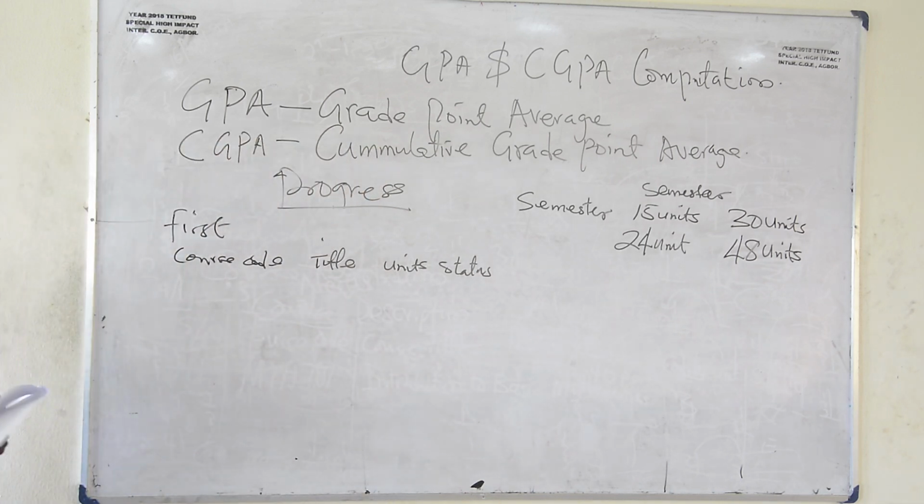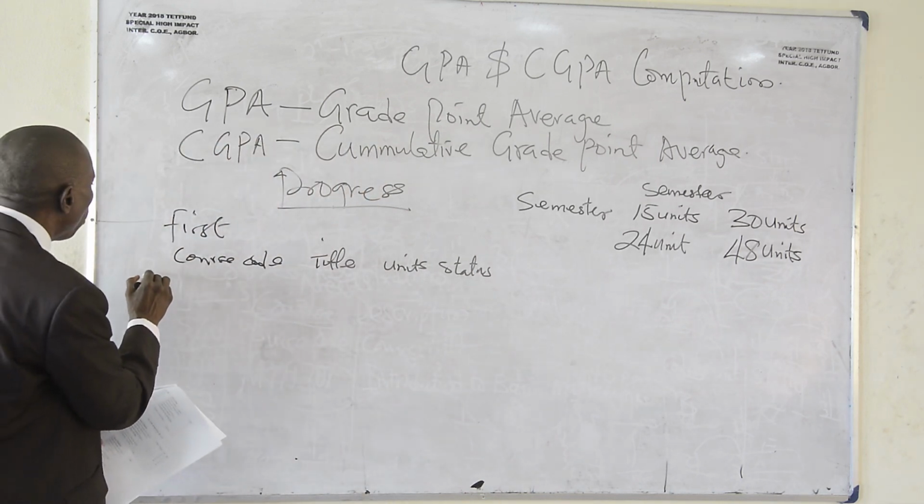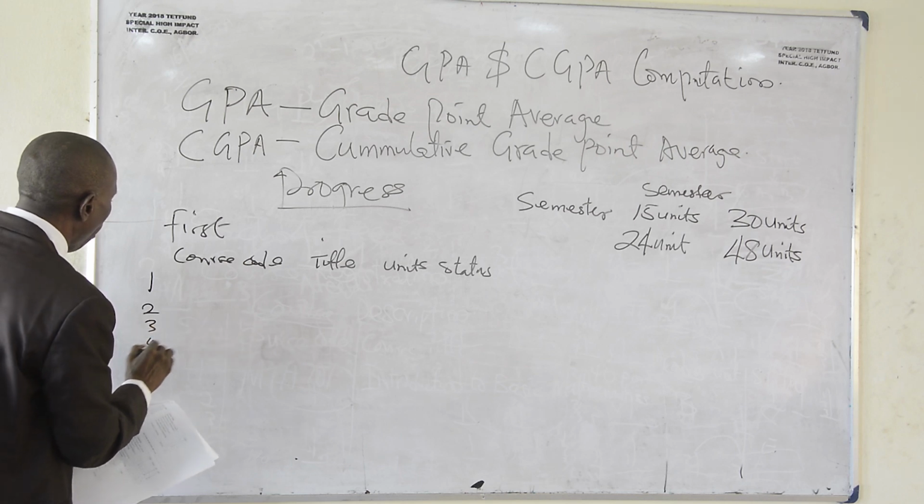We take this as an example that in the first semester we have 1, 2, 3, 4, 5.